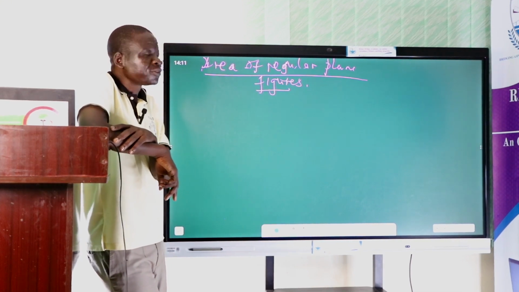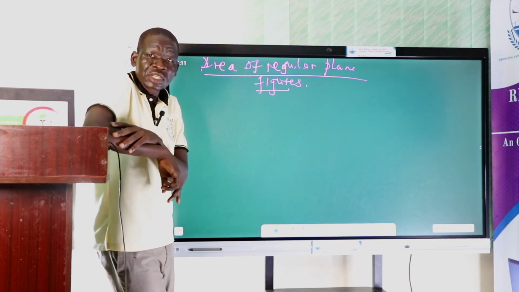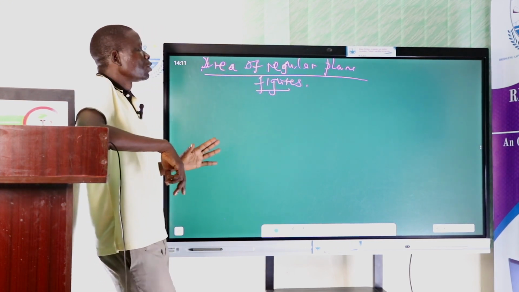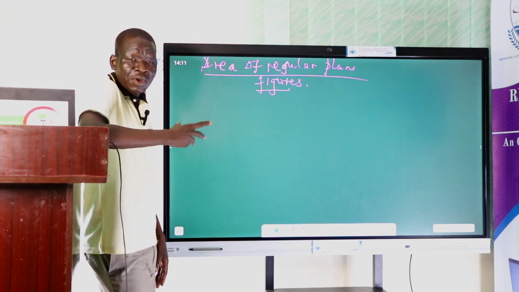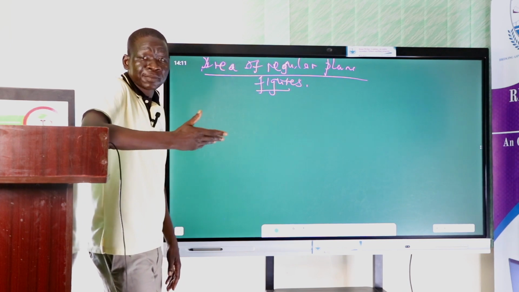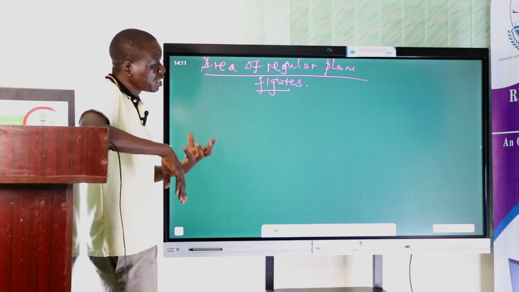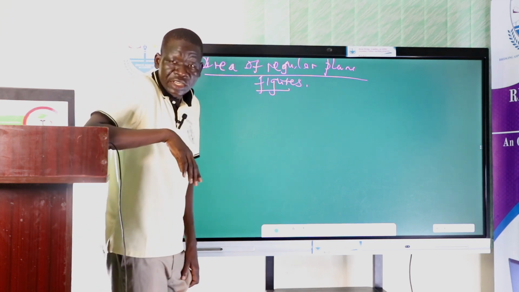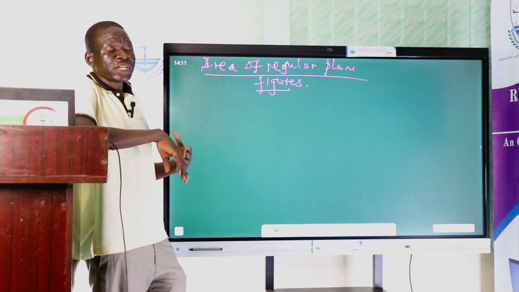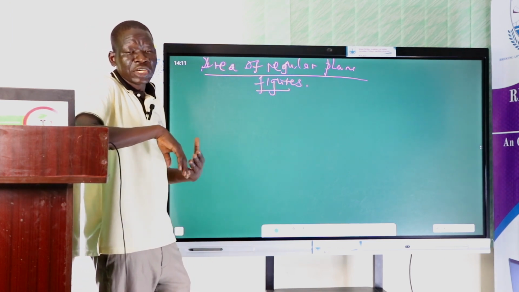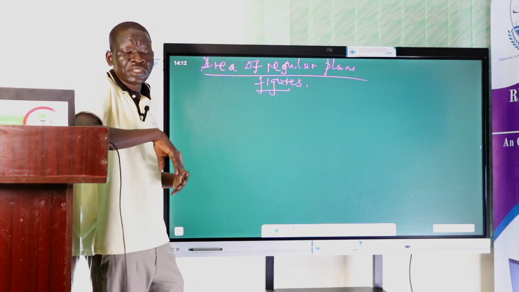Trapezium, parallelogram, the kite, the rhombus, and so forth. Those are figures which have shape. How do we determine their area? Different shapes have different areas. So here, we shall look at a number of formulas which are used for determining the areas of different figures.